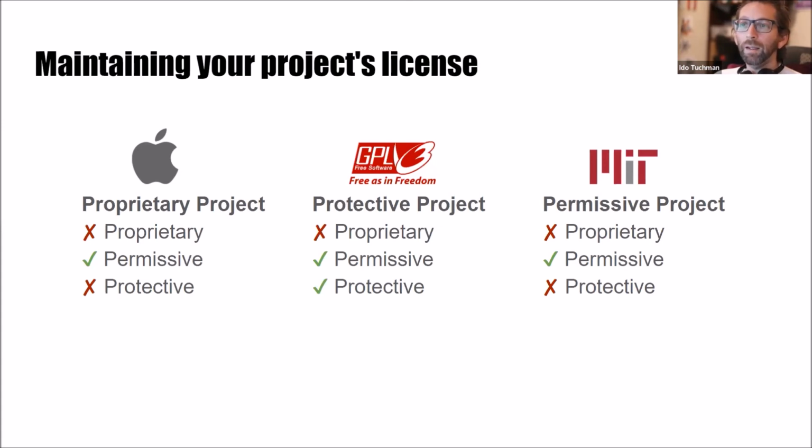And if you have a project that you want to maintain as a permissive license, then in general you can use other permissive licenses, but you can't use those more protective licensed code in your project. So basically, permissive licenses are the universal donor of the software world.